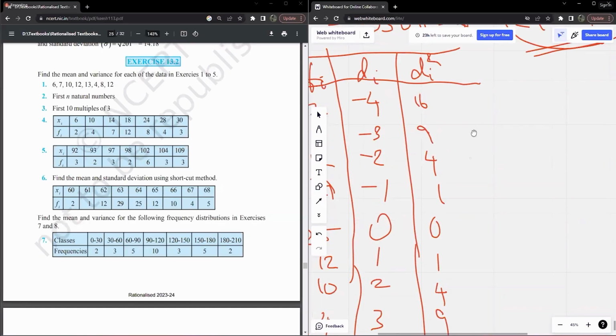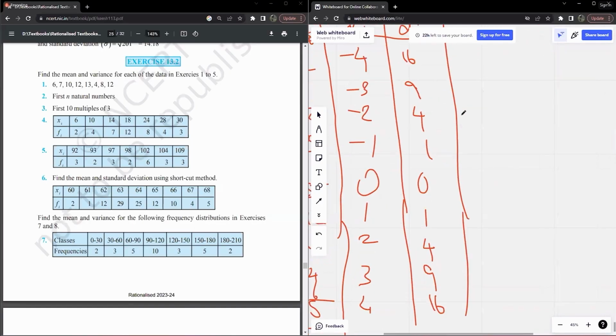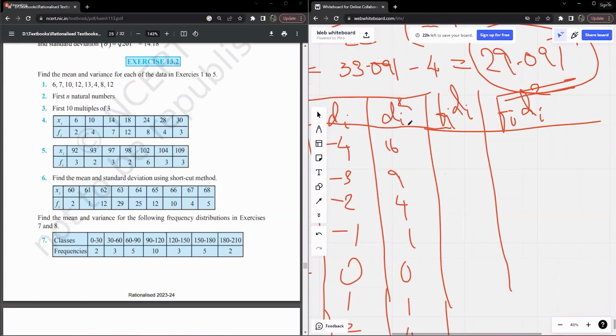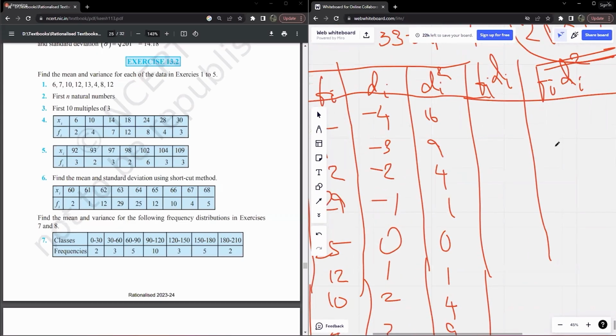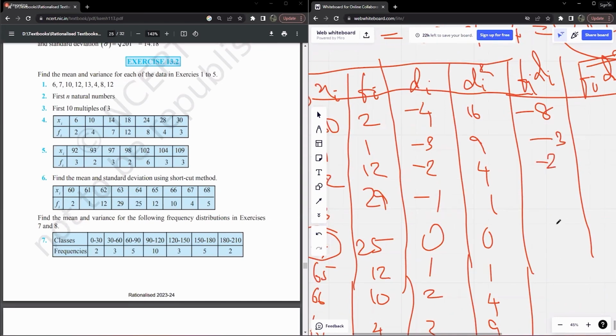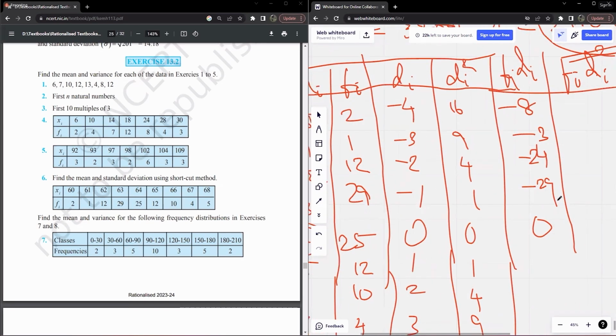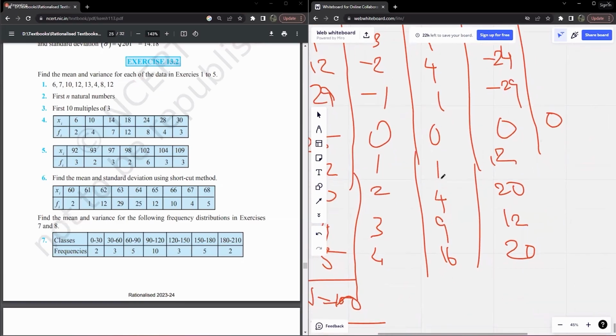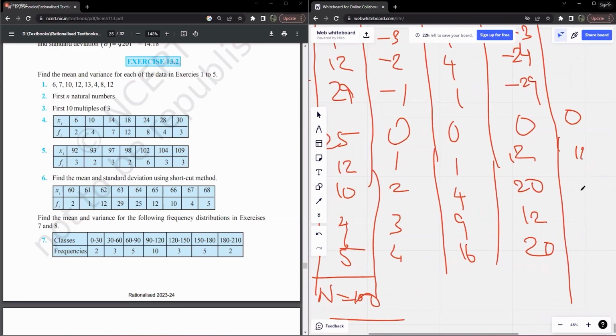Because of which we can find out fidi and fidi squared. Fidi being -8, -3, -24, -29. This is 0 in both cases. Then this will be 12, this will be 20, this will be 12, this will be 20. Similarly, over here, this is going to be a 12, but this is going to be a 40. This will be a 36, and this will be an 8.